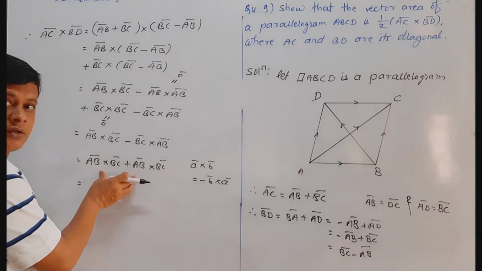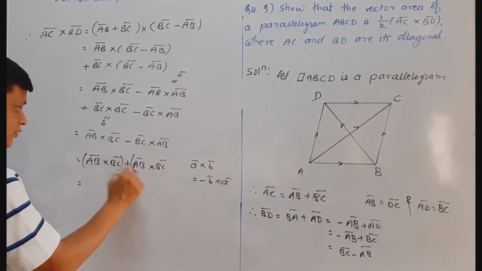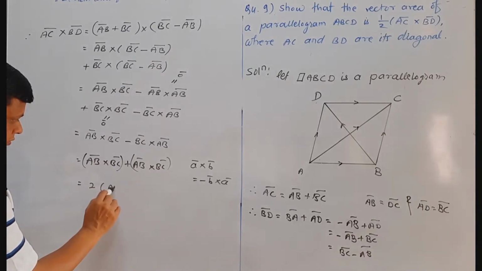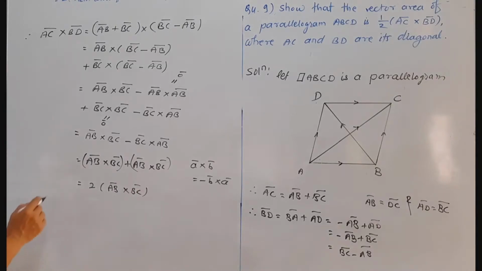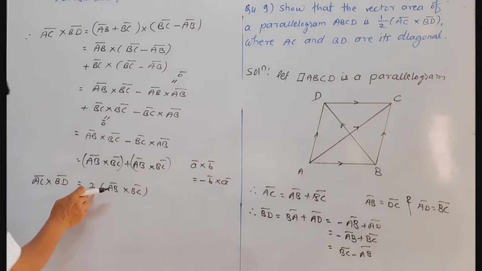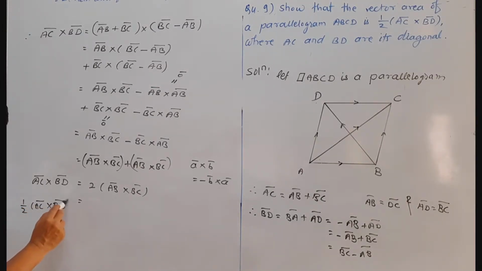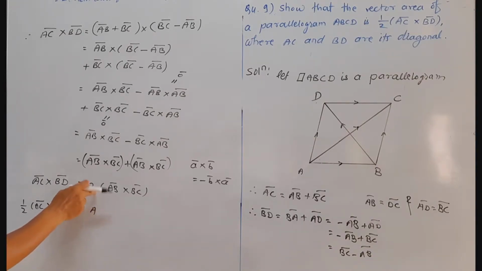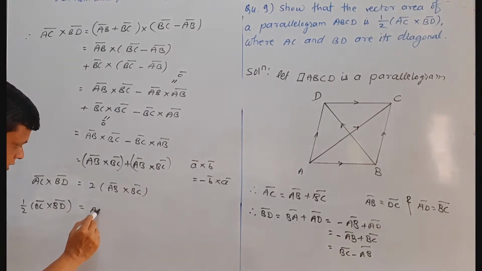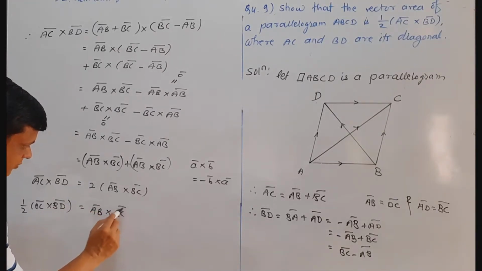These two are the same, so we add them: 2 times vector AB cross vector BC, which is equal to vector AC cross vector BD. Now we transfer the 2 to the left hand side. So we write 1 by 2 vector AC cross vector BD equals only vector AB cross vector BC.